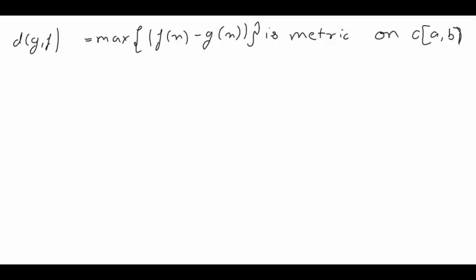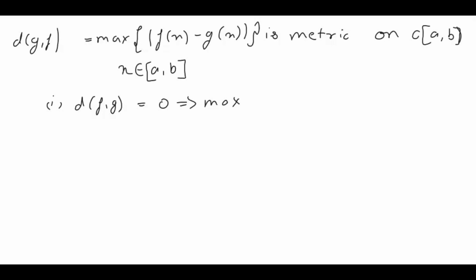Now here x belongs to the closed interval [a, b]. Here there are parts. So part first is d(f, g) is equal to 0, and it is the max.